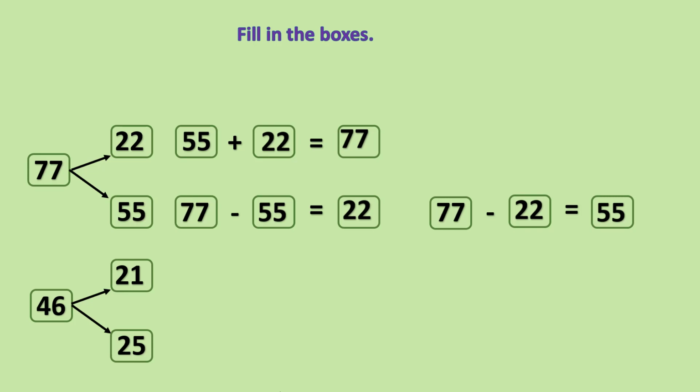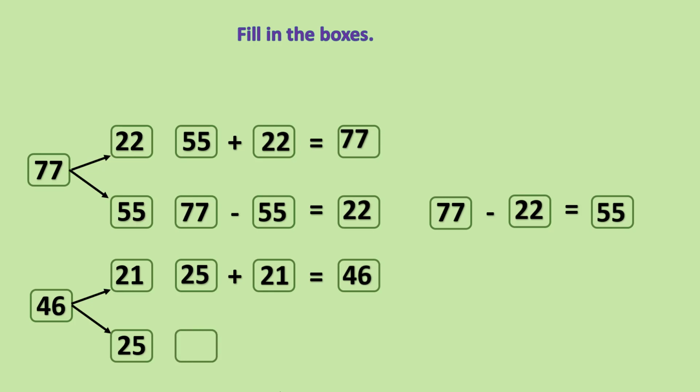And here we place the addition example first. In these three boxes we put these three numbers. First we put 25 and then 21, and 25 plus 21 means 46. Then we make subtraction examples. The first example: we only arrange these above three numbers in these boxes. 46 minus 25 is equal to 21.